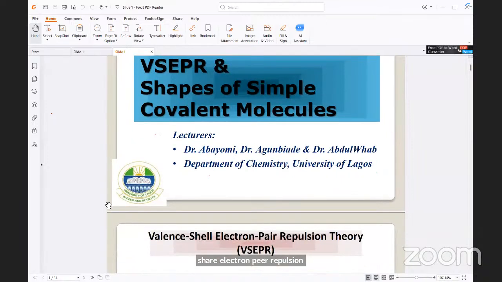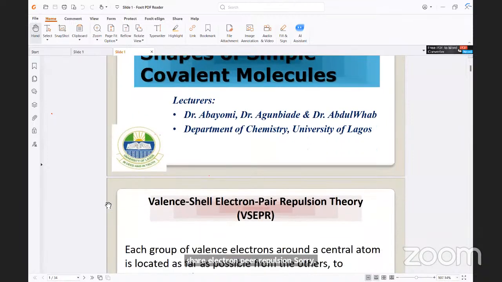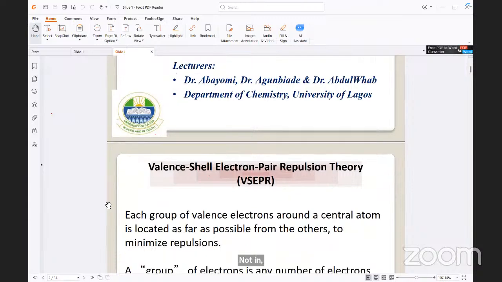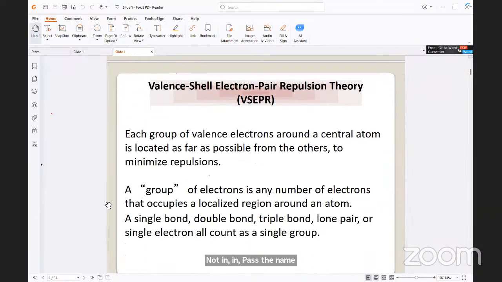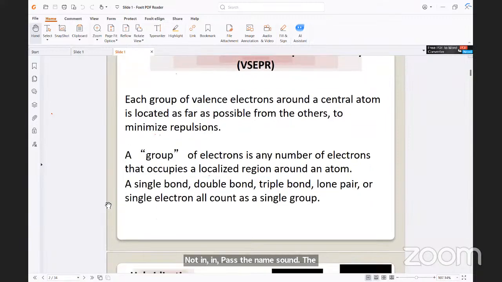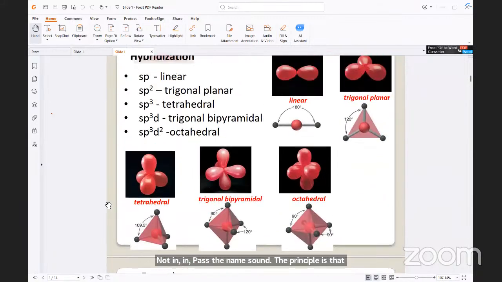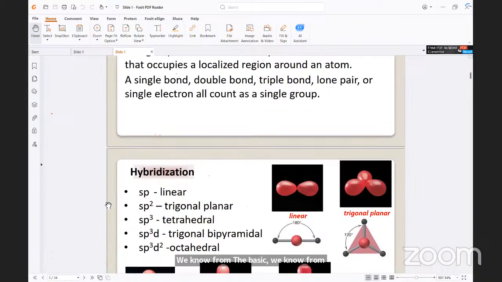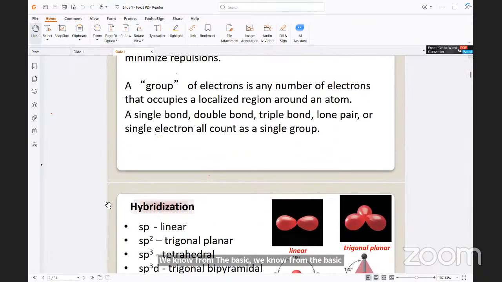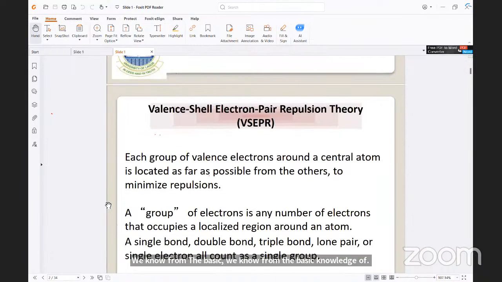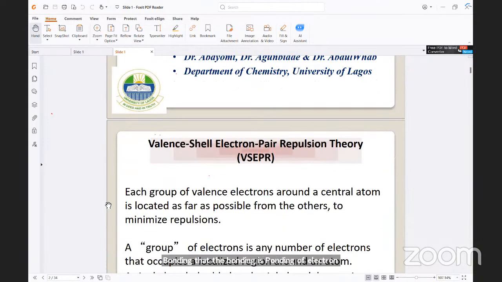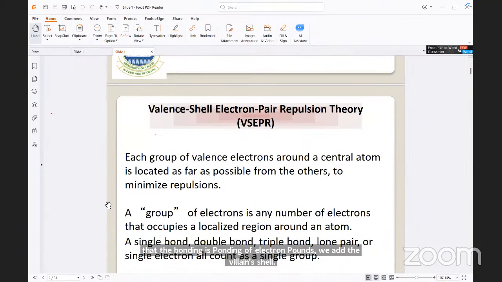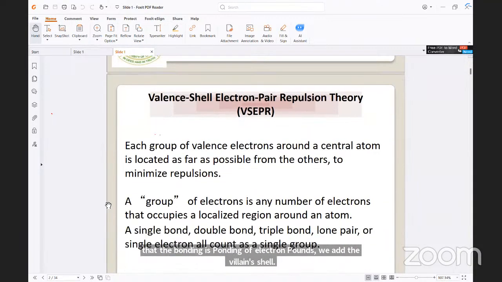Now, in valence shell electron pair repulsion theory, as the name sounds, the principle is that we know from the basic knowledge of bonding that the bonding of electrons happens at the valence shell. Bonding of electrons happens with the valence electrons.